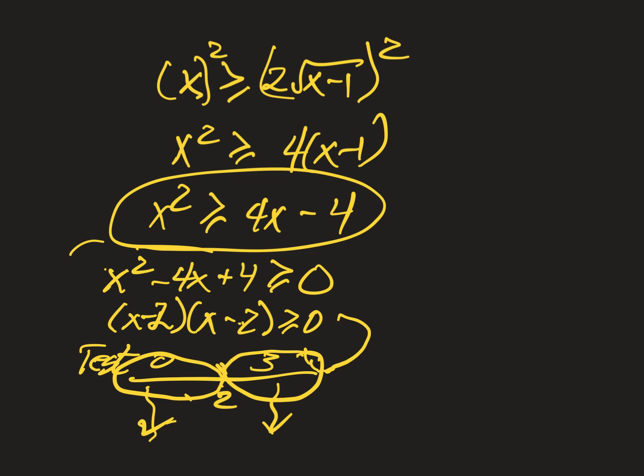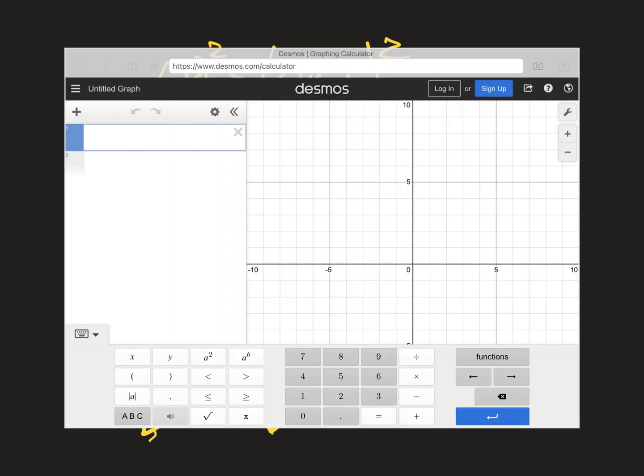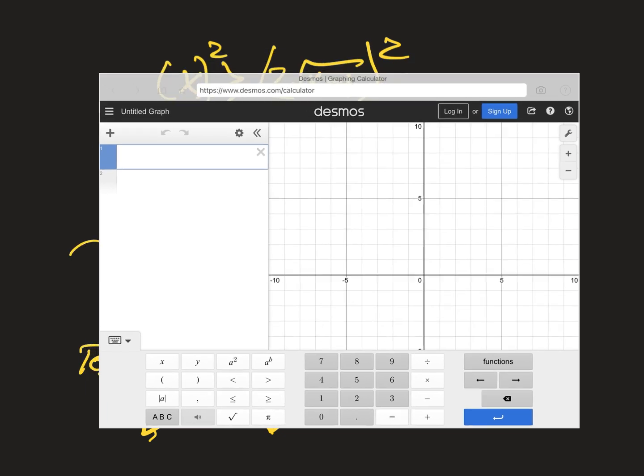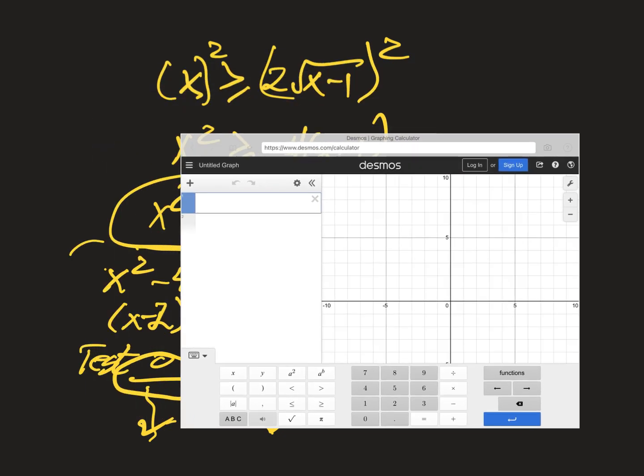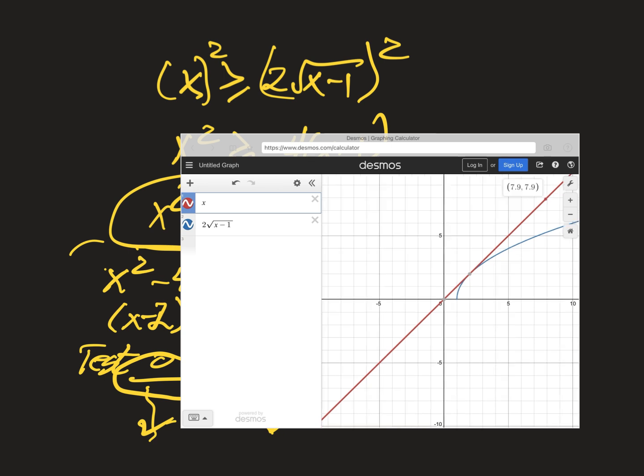Again, we can confirm that with Desmos. So let's do that. We're going to take x, and then the other one is 2 times the square root of x minus 1. And as you can see, wherever the red graph is, it's always above the blue graph.